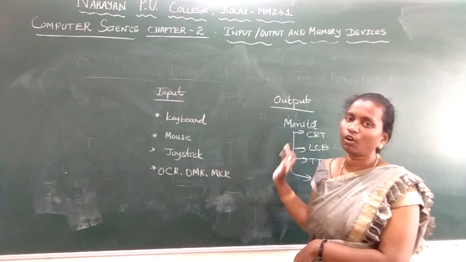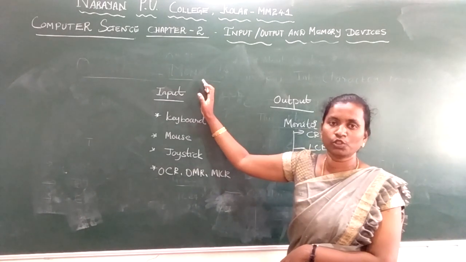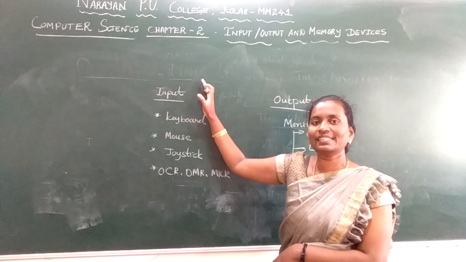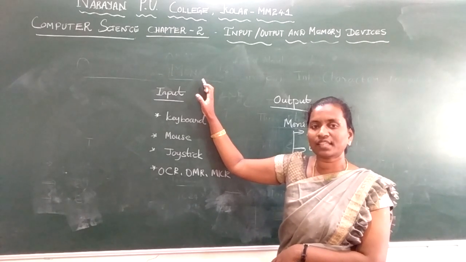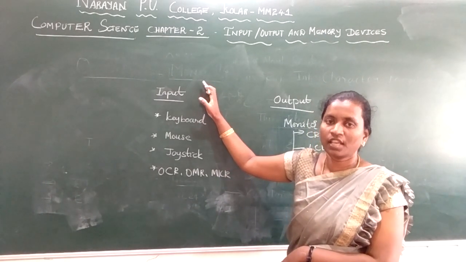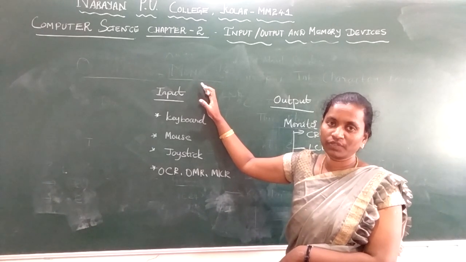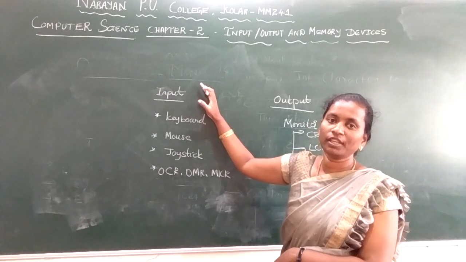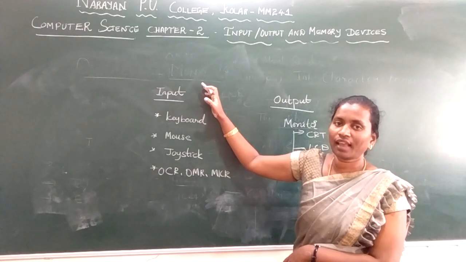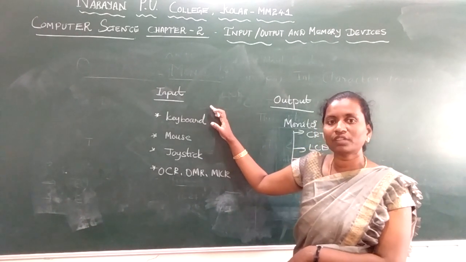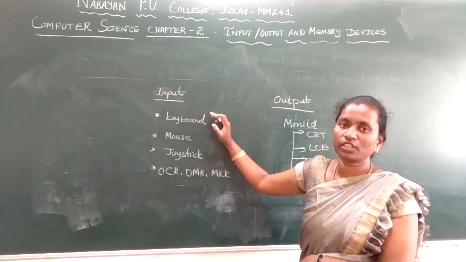Input devices are used to feed data inside the computer. I'm stressing it is data, not information. Data is a collection of raw facts and figures. The computer has to understand the data which the user is feeding, so we need an input device. It will usually be normal English-like language that has to be converted into machine-like language which the computer will understand. That is nothing but zeros and ones.